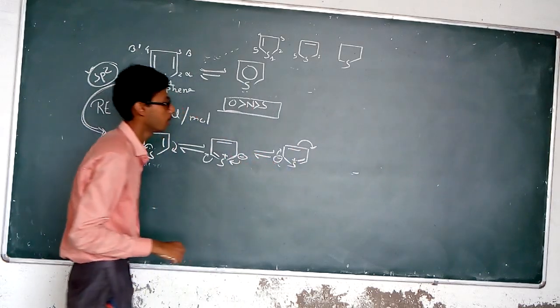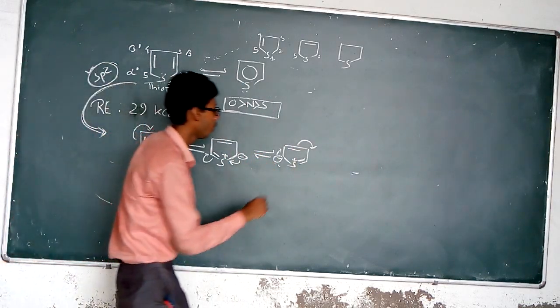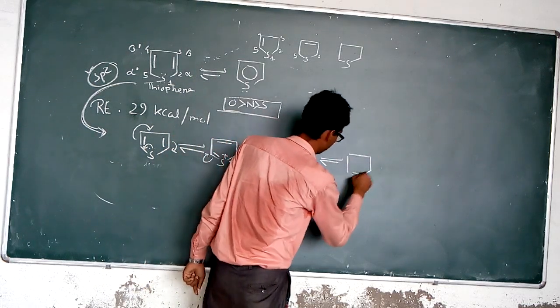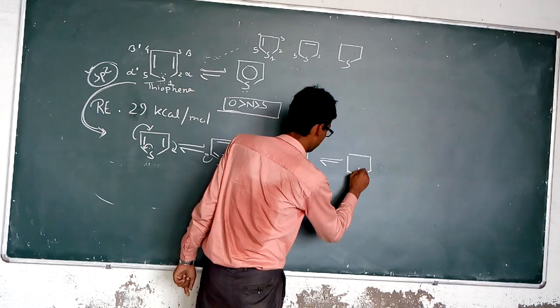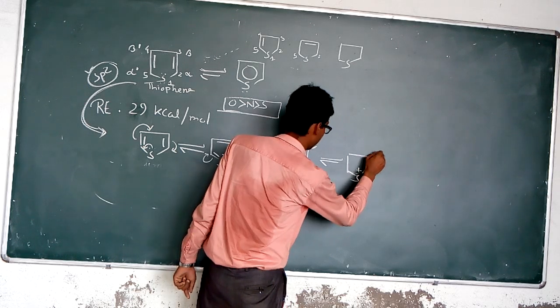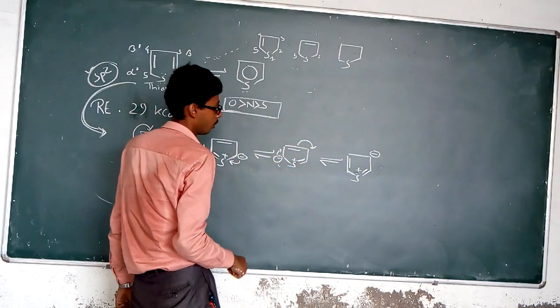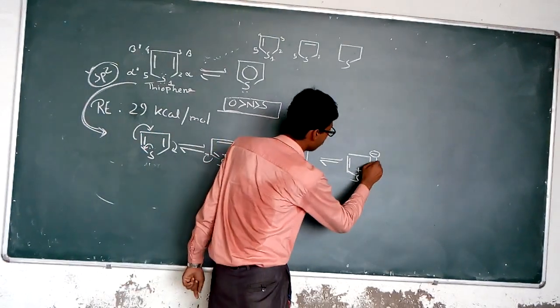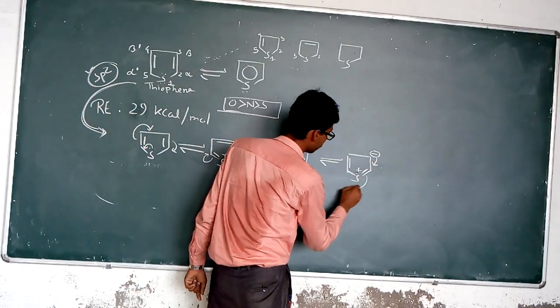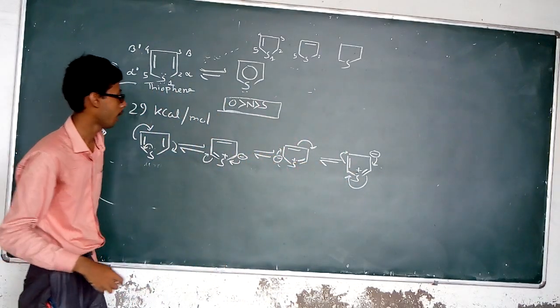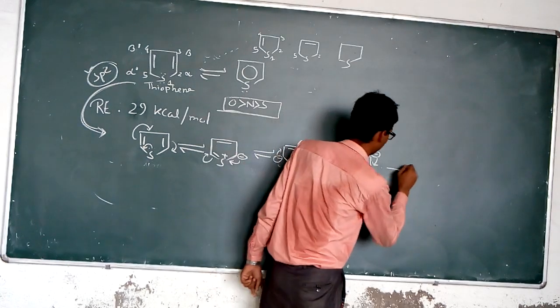This forms a negative charge at the 3 position, and further it forms a bond at that position. This further adds on and produces a negative charge.